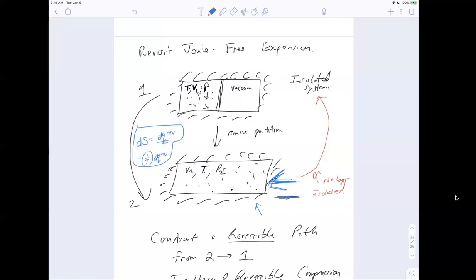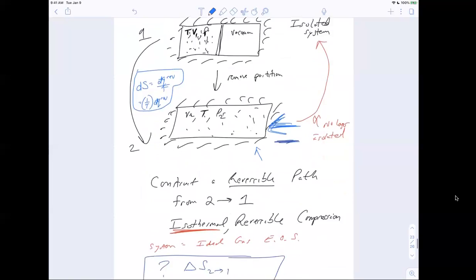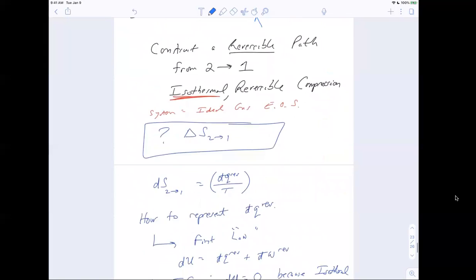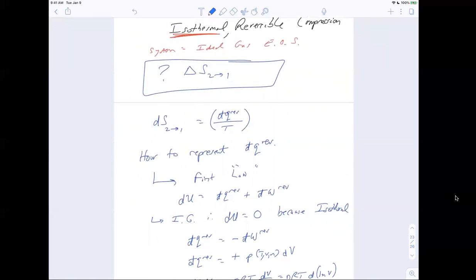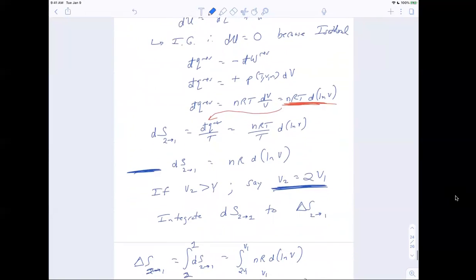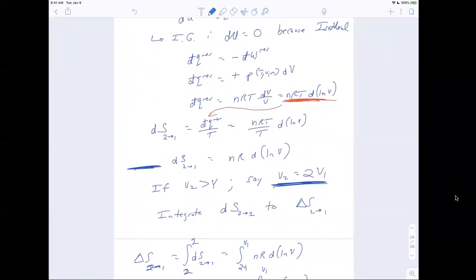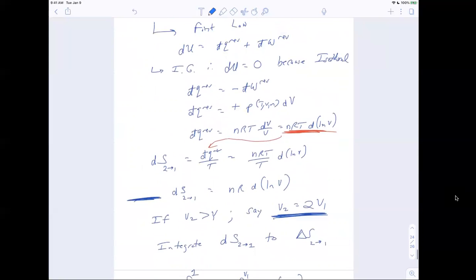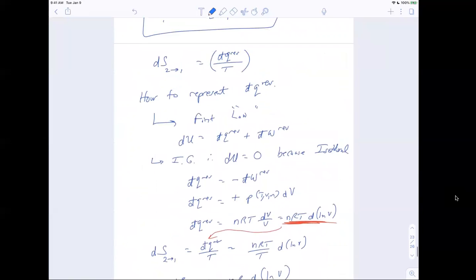Okay, so let's go back to this idea of the Joule-free expansion, and we went through the whole discussion of that. I'm not going to reiterate everything. As I told you, the whole point was what is delta S for that forward process, which is irreversible. And the point here is that we needed to get dq reversible right here, as I mentioned earlier in the class, right?